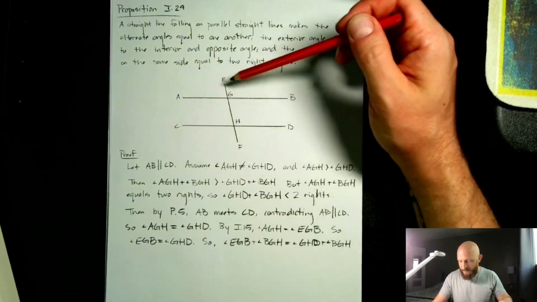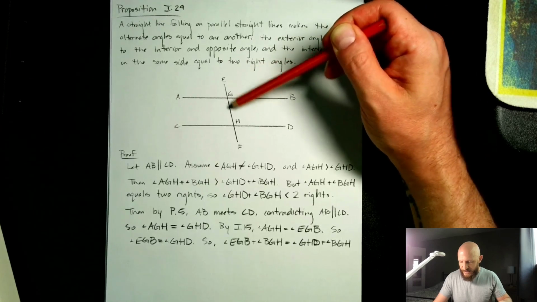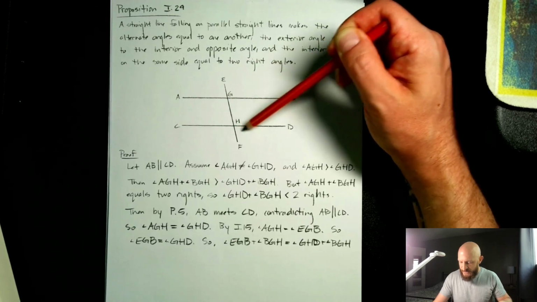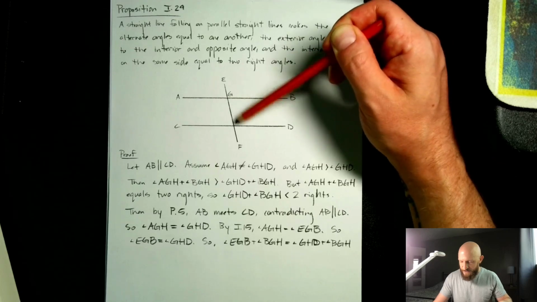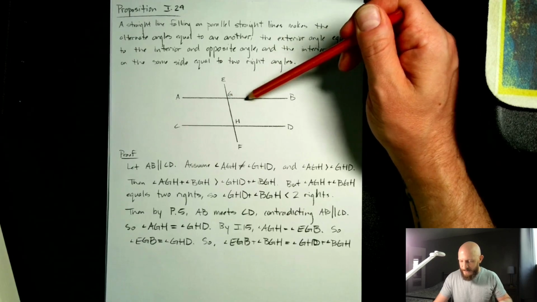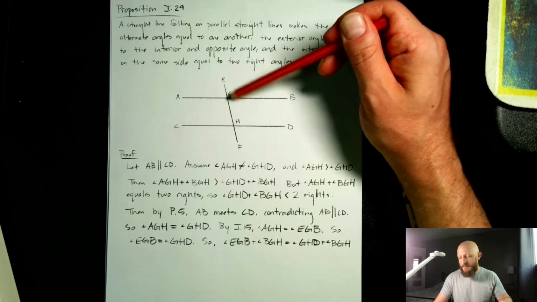Right, so again, let's look at the diagram. So we're saying that EGB plus BGH is equal to GHD plus BGH.